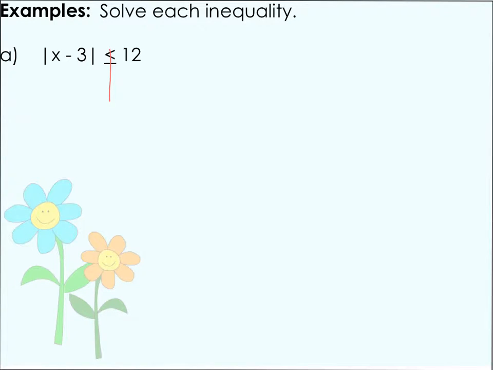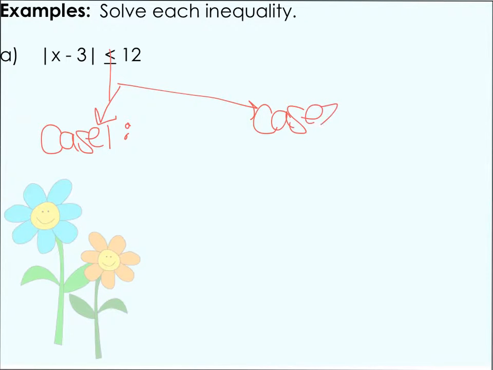That's a really good thing because now we're going to split it up into our two cases. Case 1 and case 2. In case 1, we write this inequality exactly as it's seen. We just drop the absolute value.